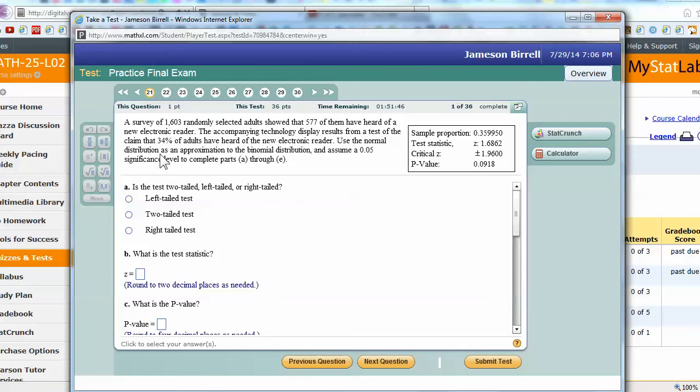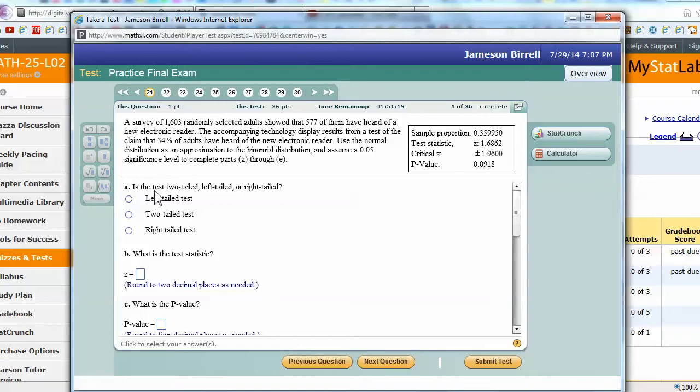Use the normal distribution as an approximation to the binomial distribution, and assume that we're using a 5% significance level to complete parts A through E. They've actually done the hypothesis test right here, or they've calculated the pieces, and maybe it's a display from Minitab or StatDisk or something like that.